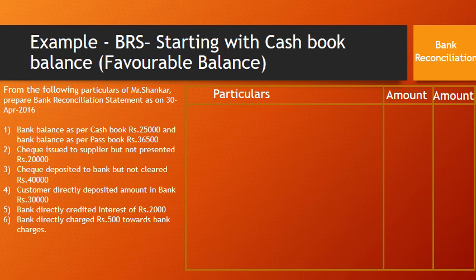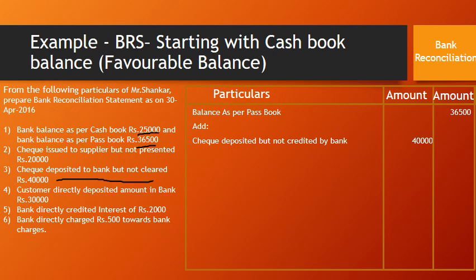The same example, whatever we have seen in the earlier case, where we started with 25,000 as a balance. Now we have to start with bank balance as per passbook, 36,500. Which ones are we adding? Check deposited but not credited by bank, that is, check deposited to bank but not cleared.